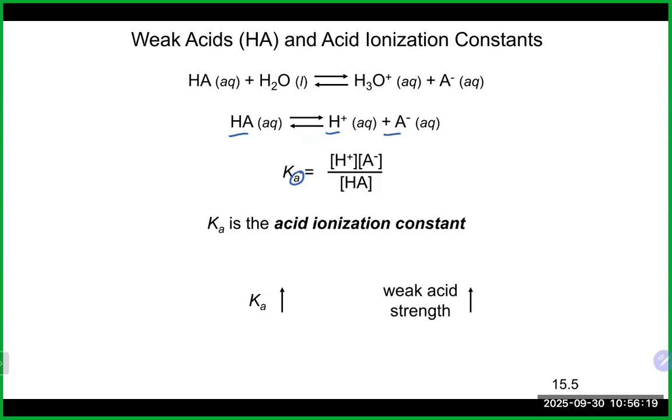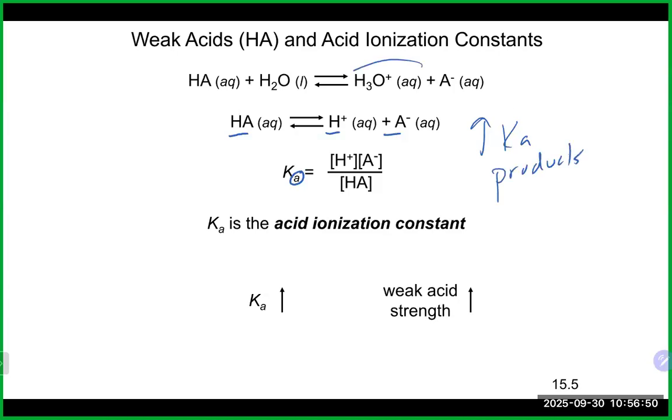And as the Ka value increases, the strength of the weak acid increases. So you have a stronger weak acid when you have a larger K value or Ka value. The reason for that is if I have a large Ka value, which is really just a large K value, that means when I reach equilibrium, I have more products.